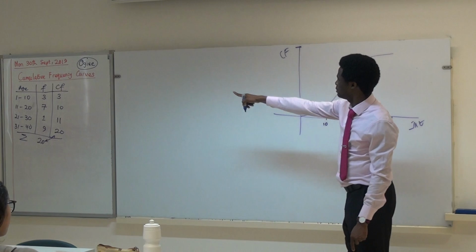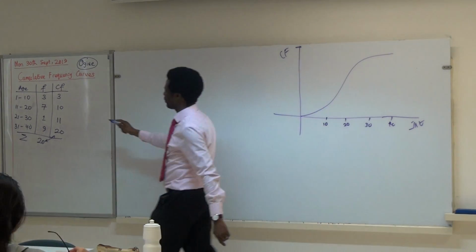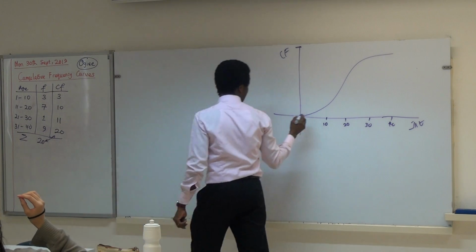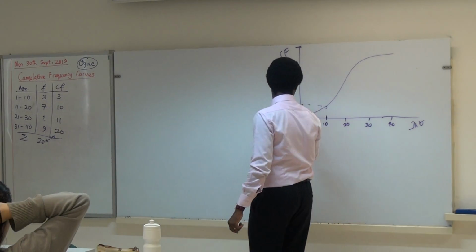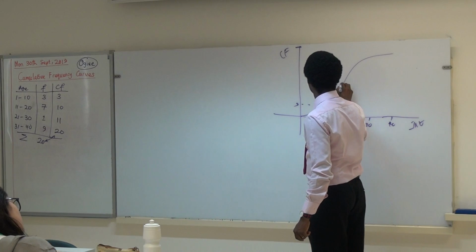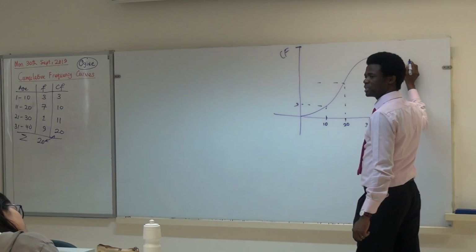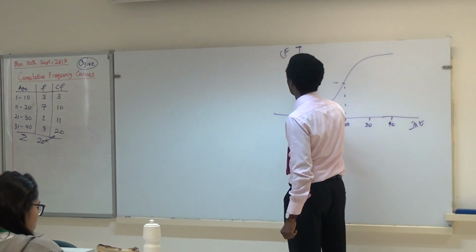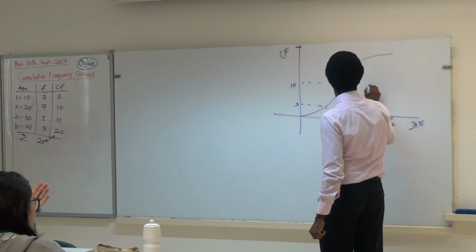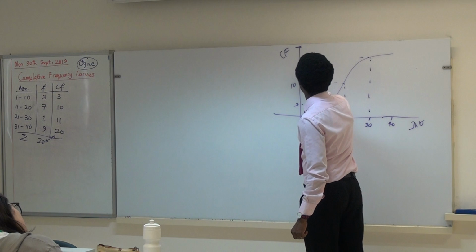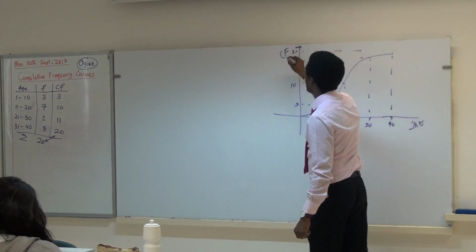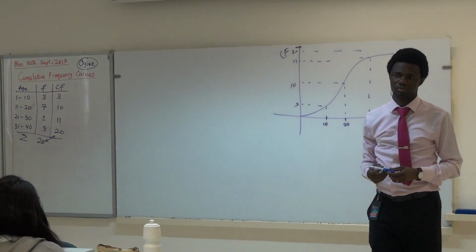For 10, it's more or less with the upper bound of the class, okay? 10 is 3, so this point is like 3. For 20, that's why the curve is always continuous like that, because it keeps increasing. 20 is where? 10 here. 30 is what? Talk to me. 11, and 40 is the last one, which is what? 20. So this is your cumulative frequency curve.